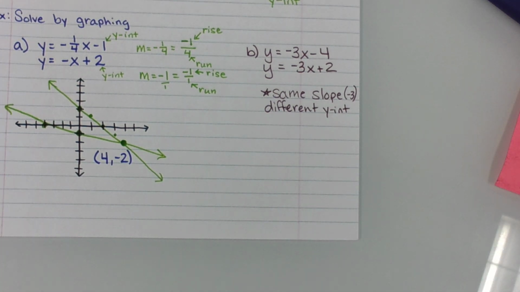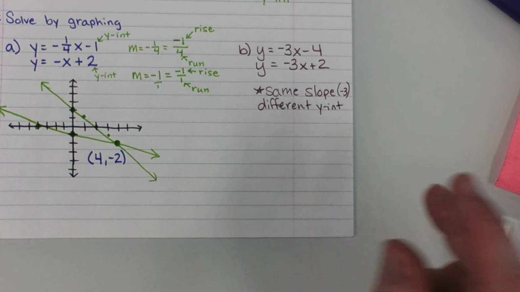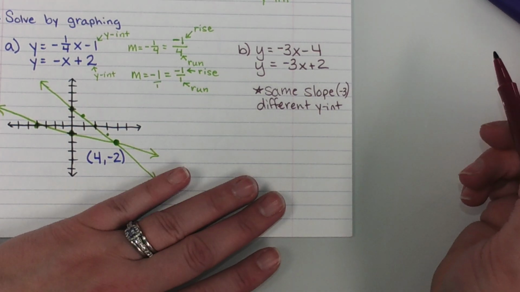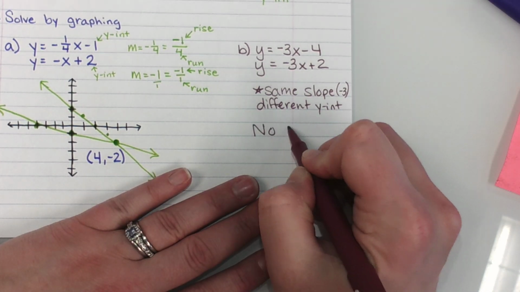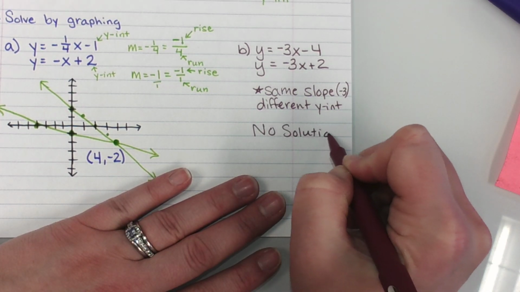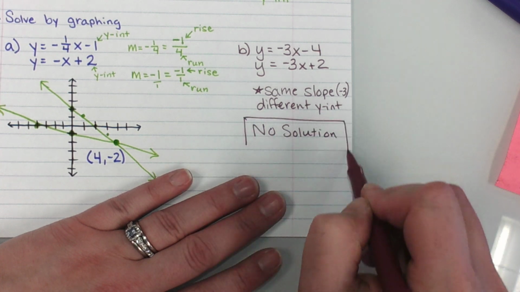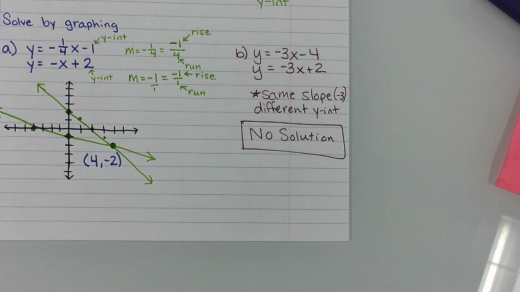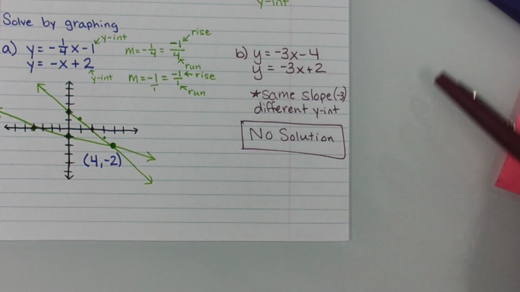Same slope, different y-intercept means what's my answer? No solution. If you notice that, skip the graphing. Tell me the answer. If you don't notice that, then you should see it after you graph.